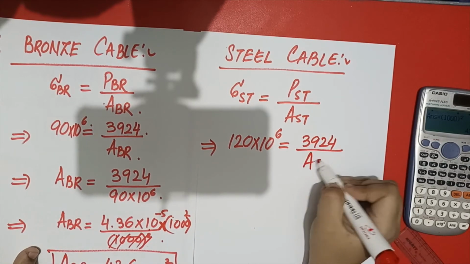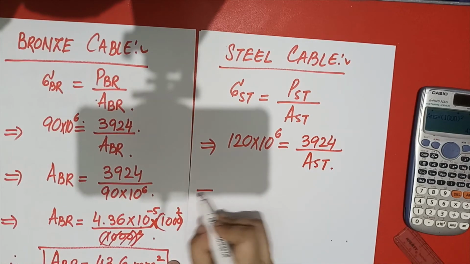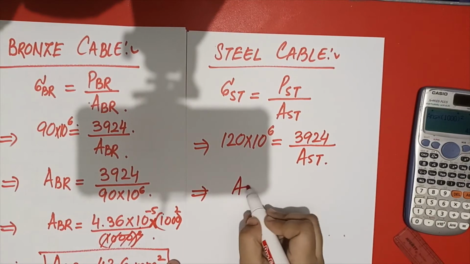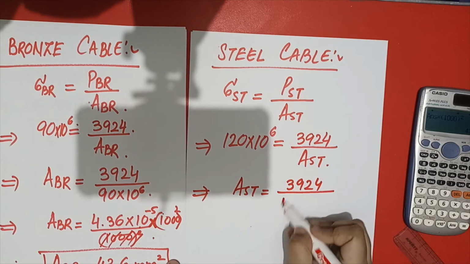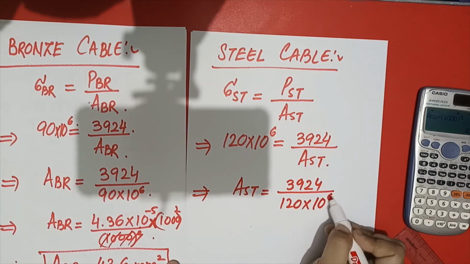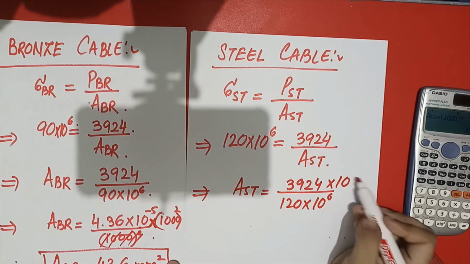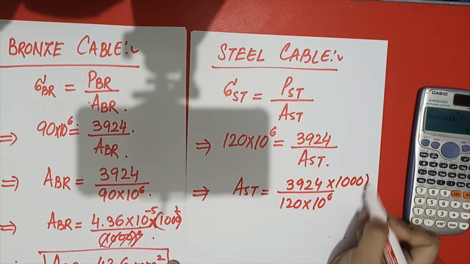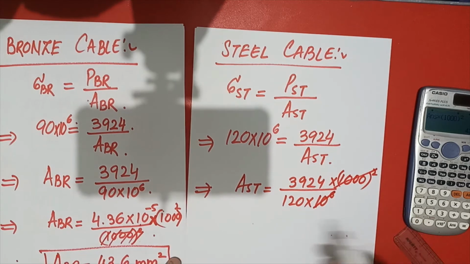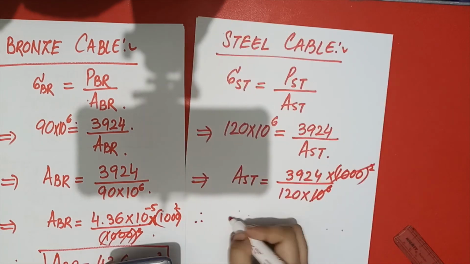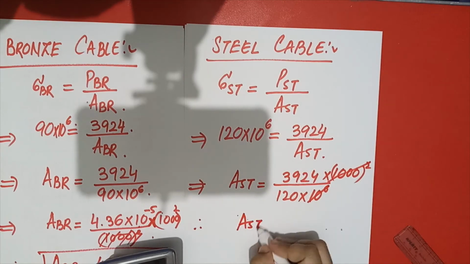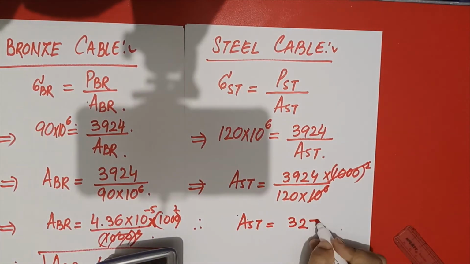So area of steel is equal to 3924 divided by 120 into 10 to the power 6. And if you want to convert it before, 1000 square will cancel out. So the answer will be 3924 divided by 120. Therefore area of steel comes out to be 32.7 millimeter square.